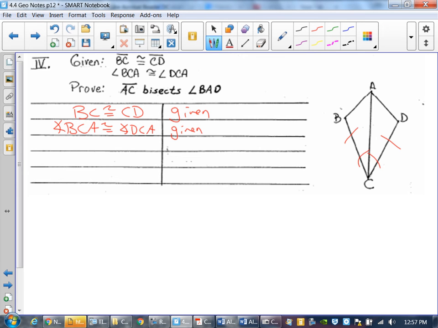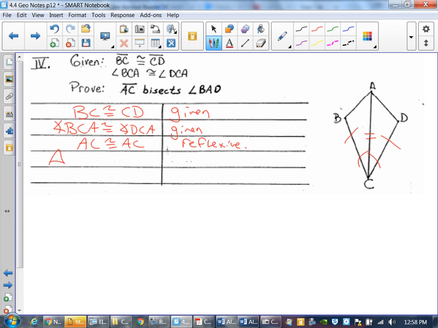For some reason yesterday, a lot of people were having problems marking those 2 angles. I'm not exactly sure why. So now you have a side and an angle, which means you have to find an angle before the side or a side after the angle. What do you have? You have another side. You have the reflexive side here. Are those 2 triangles now congruent? Yeah. They're both congruent because of side angle side.